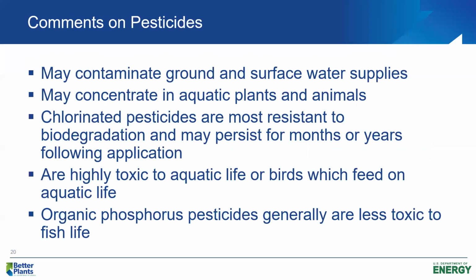We're also worried about impacts on surface water supplies and impacts to fish and wildlife in the receiving stream. So we're very concerned about limiting any pesticides that might come into a treatment plant. Generally, that's not a major concern for treatment plants, but occasionally it can be.